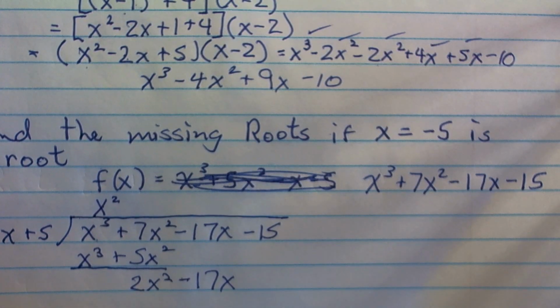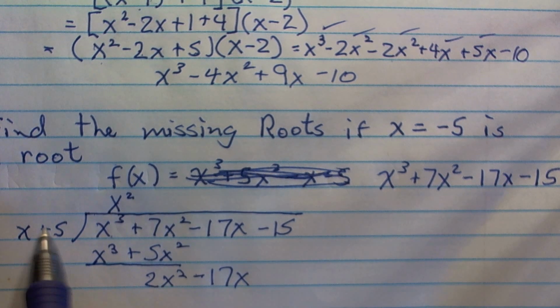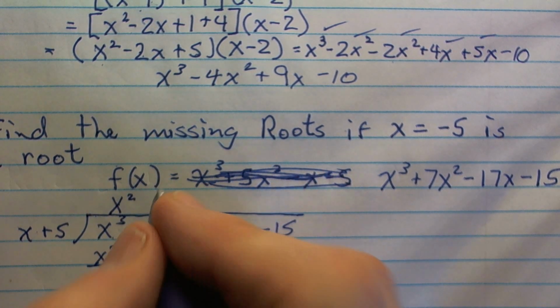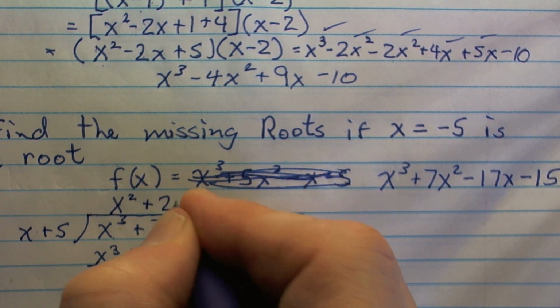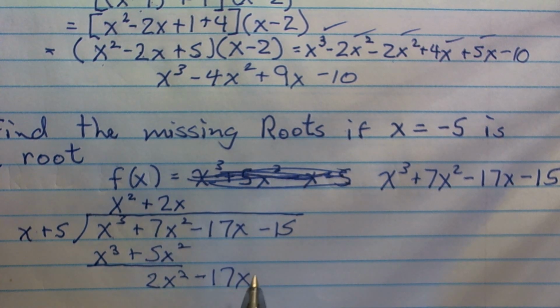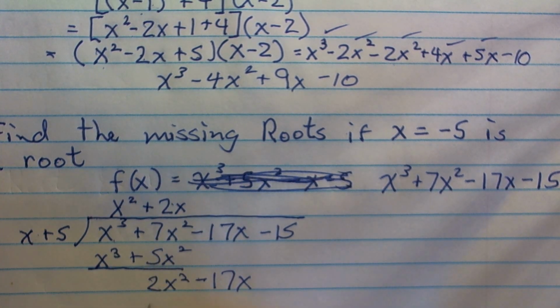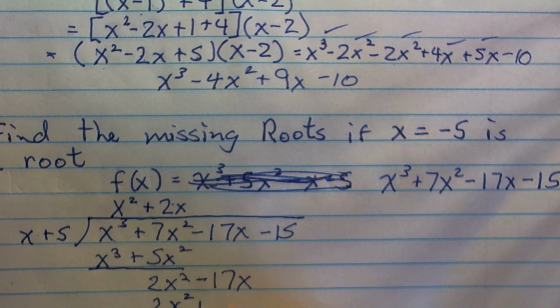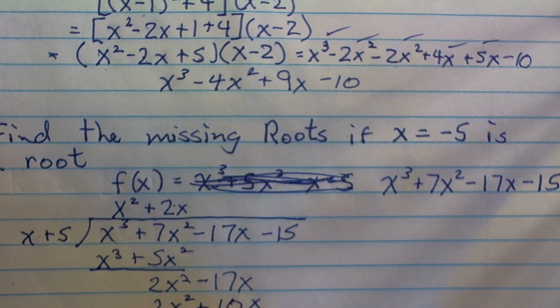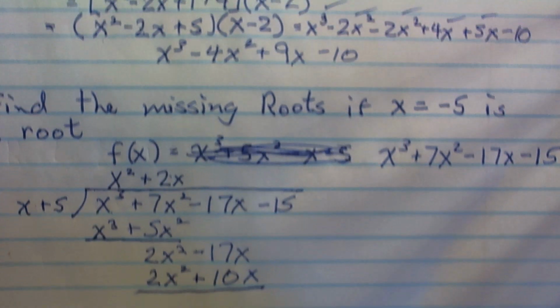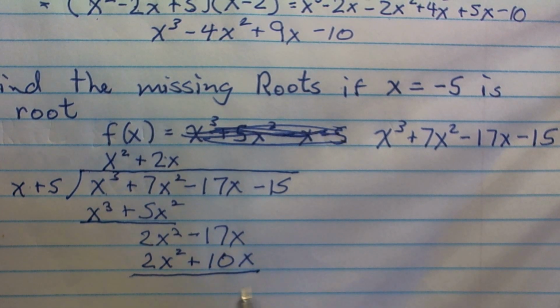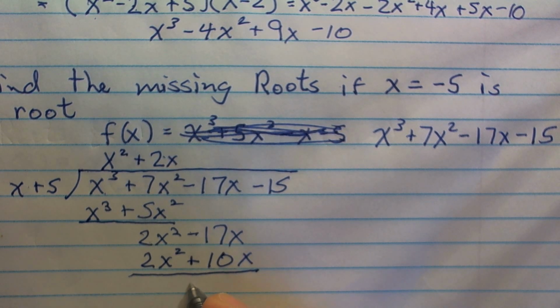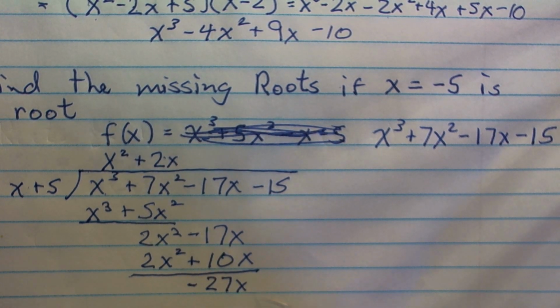Okay. Now x will go into 2x squared, 2x times, and then multiply. So there's 2x squared plus 10x. Okay. And then I subtract, and it looks like I get a negative 27x.